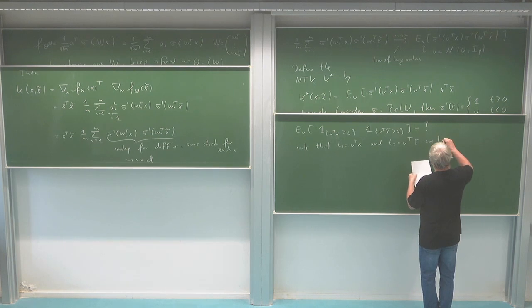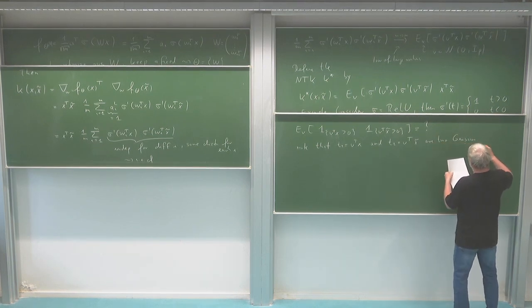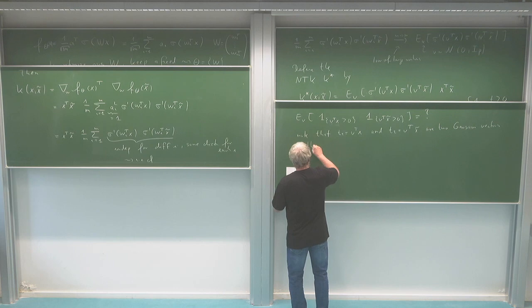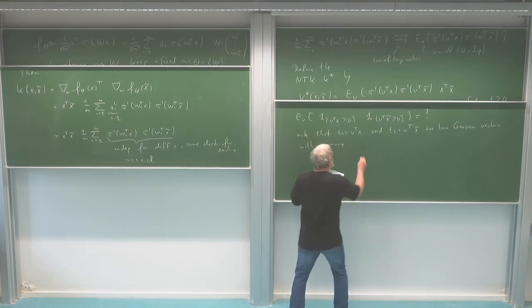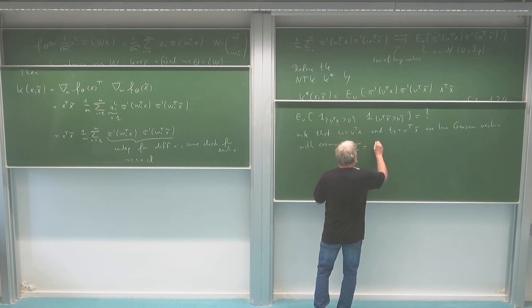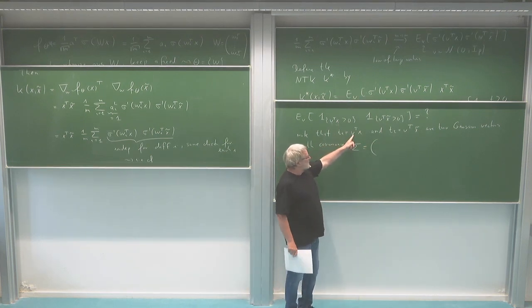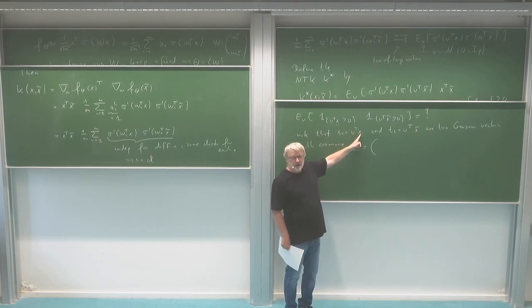Those are two Gaussian vectors with a covariance sigma. The variance of such a linear combination is just the norm squared of the vector.